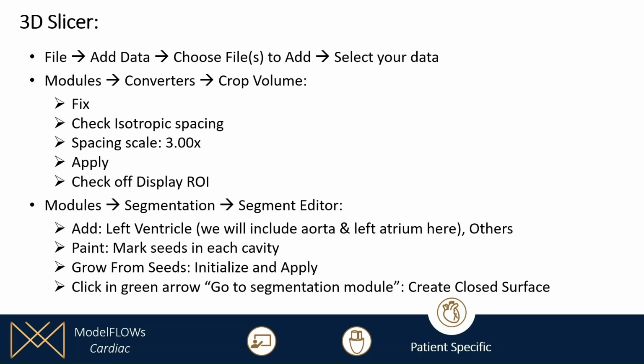After we load the data in 3D Slicer, we are going to crop the volume so we get an isotropic volume space and spacing for all of the slices that we have in our CT scans. Then we're going to use the Segment Editor to create the seeds and grow from them to create a closed surface of our left ventricle and take away all of the other cavities present in our heart.